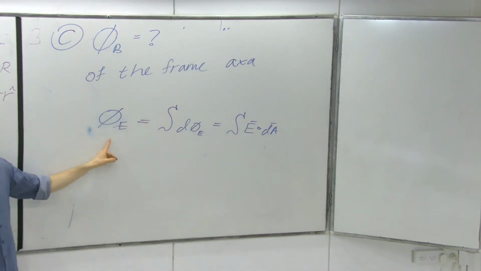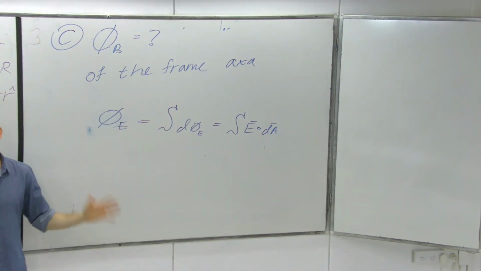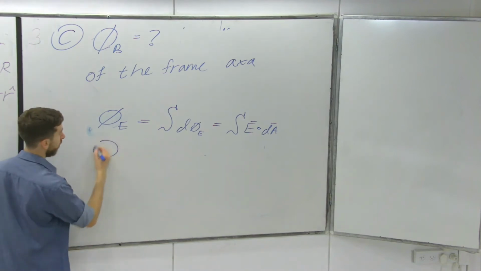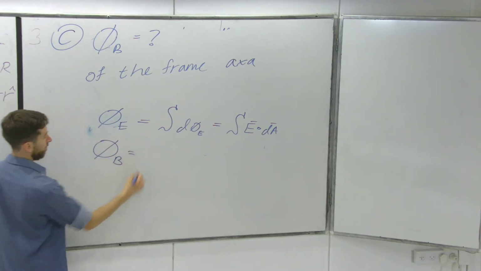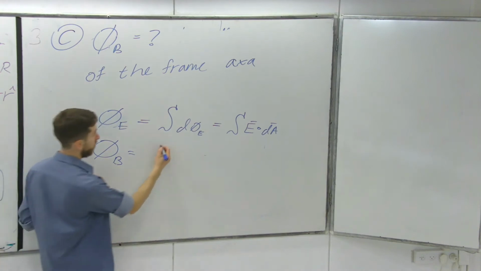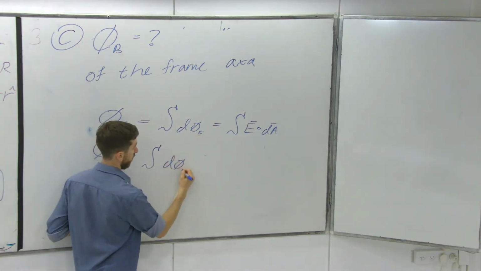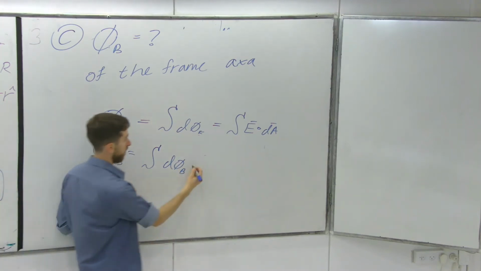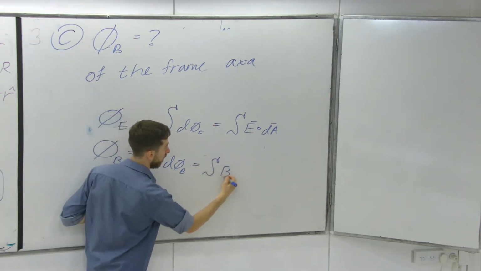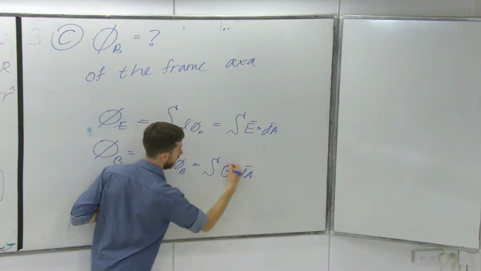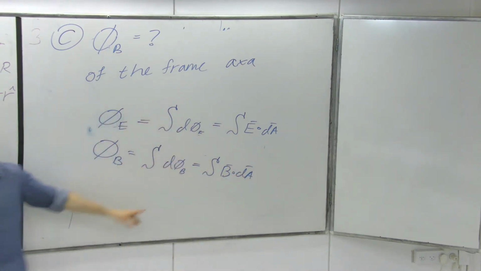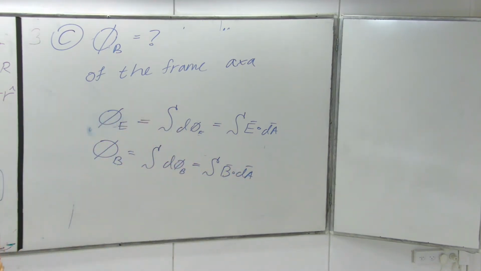So this was the electric flux. What's going to be the magnetic flux? Going to be the same thing. Phi B equal to a lot of small contributions of B, right? Which is going to be equal to B dot dA. But we need to decide on what area we are doing that.